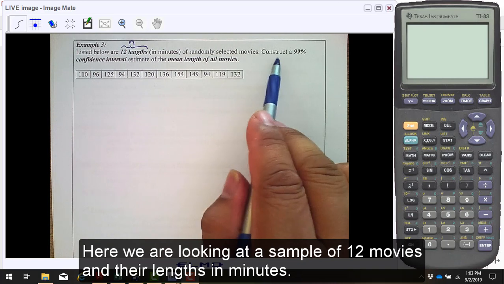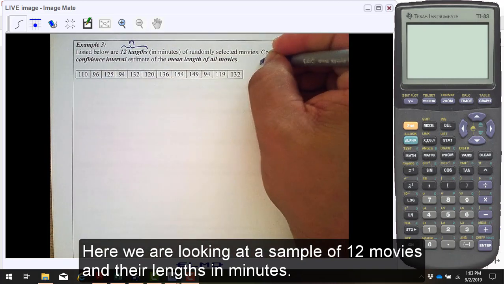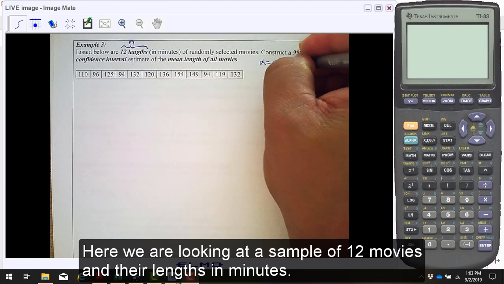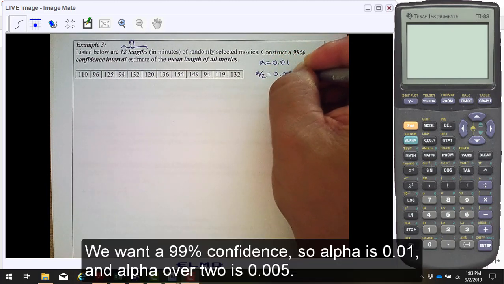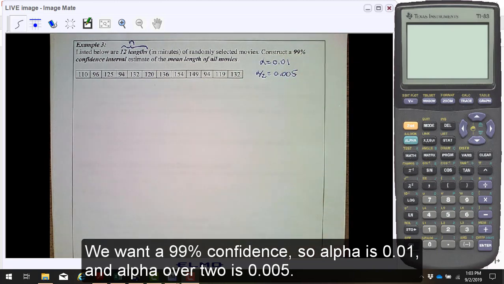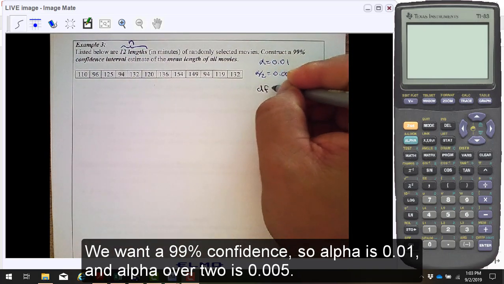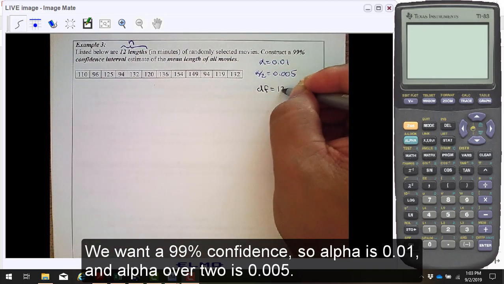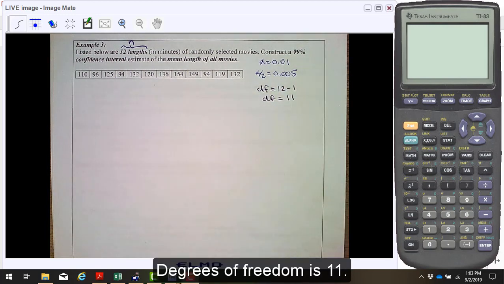Here we're looking at a sample of 12 movies and their lengths in minutes. We want a 99% confidence, so alpha is 0.01 and alpha over 2 is 0.005. Degrees of freedom is 11.